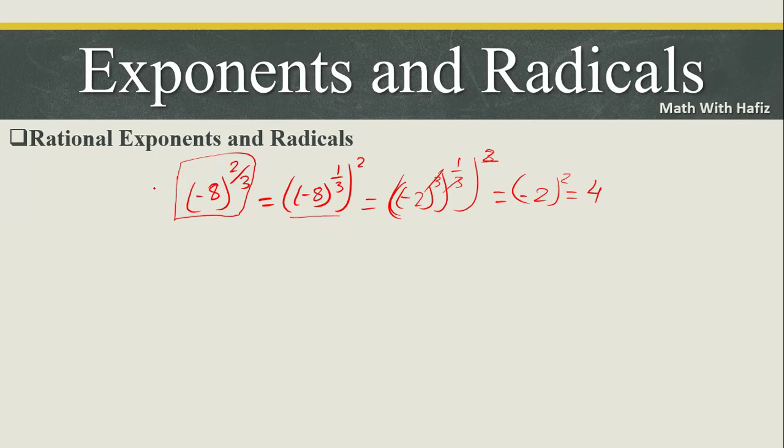Let's say we have another question, which is also simplification. Let's say it is the fourth root of 16 over 81. Now what will you do? This is the fourth root, which means it has a power of 1 over 4.